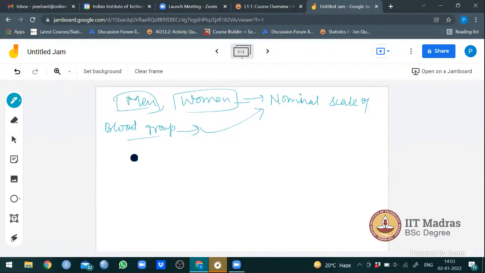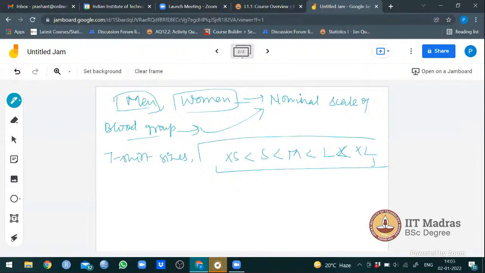You can order them: extra small, then medium, then large, then extra large. This type of data will come under the ordinal scale of measurement. Got it till this point? Yes, sir.